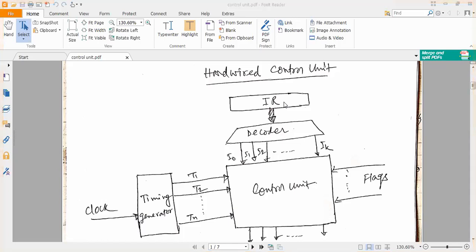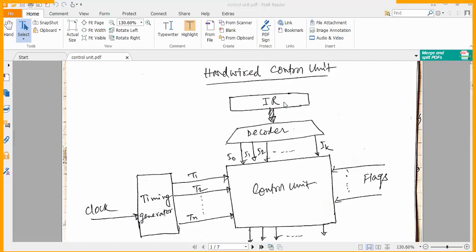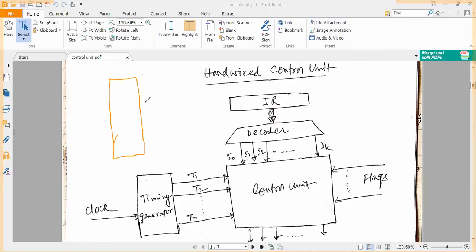Open the door; that may be the fourth. Collect the sweets; this is maybe the fifth. These small instructions are called micro instructions. Suppose in the instruction execution, this is your memory. You write an instruction, and it has lots of micro instructions, so you write all these micro instructions.